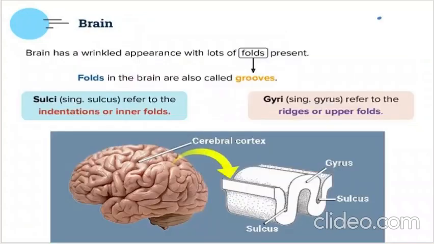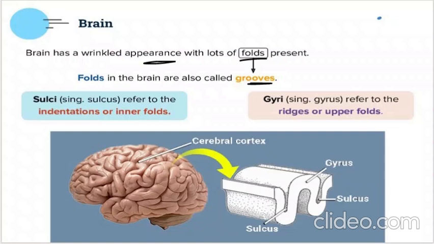Now, the brain has a wrinkled appearance with lots of folds. If you have ever seen a brain in real life, or in diagrams and pictures, you might have seen how the brain looks. It has many foldings and curves, right? That is known as the grooves of the brain.